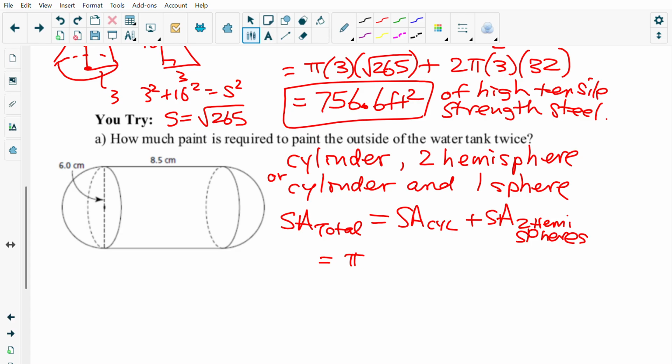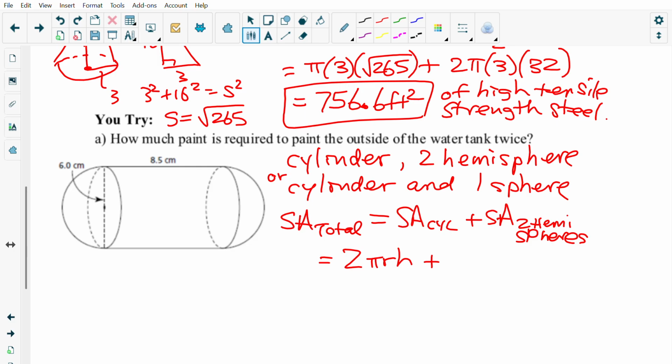Normally it'd be 2 pi r squared plus 2 pi rh, but this is the lateral part, and we don't want the 2 circles, so I'm just writing out the lateral part, 2 pi rh, and then the 2 hemispheres.